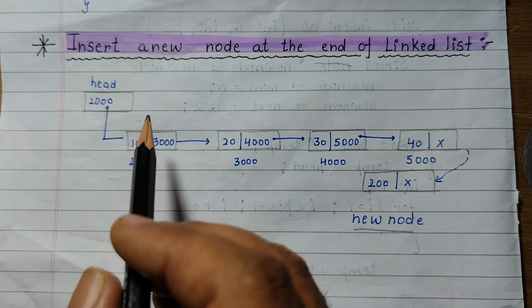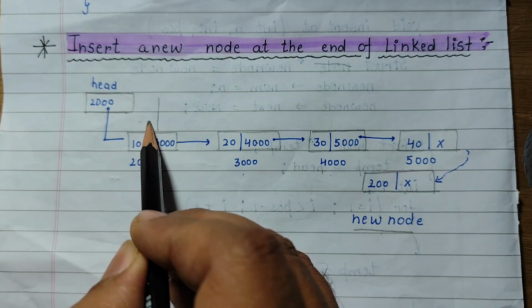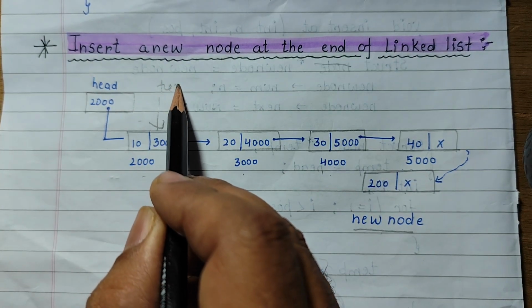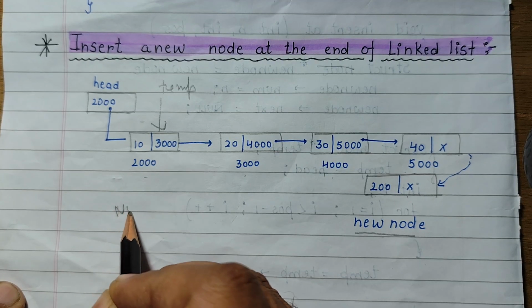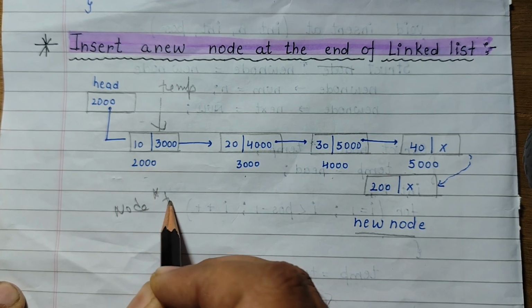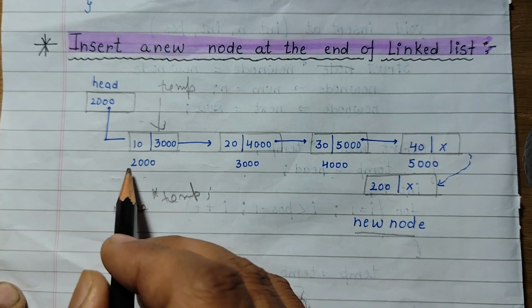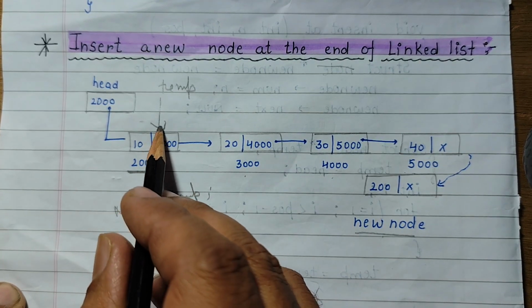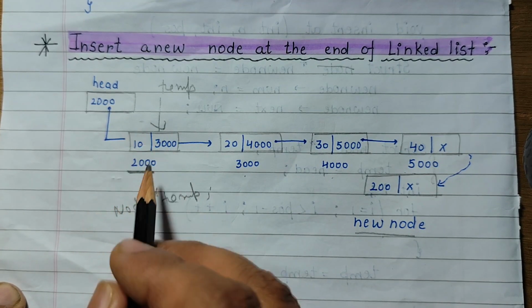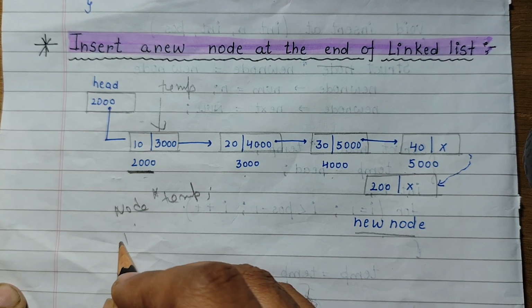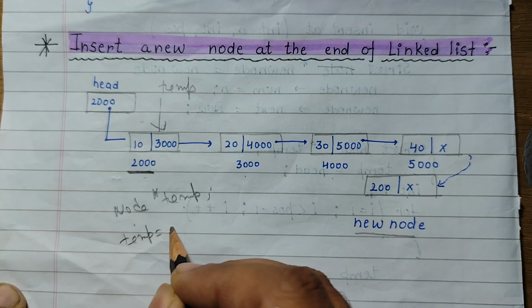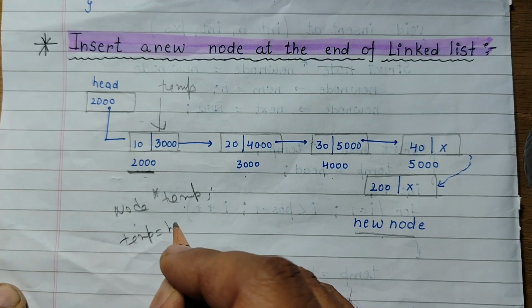Now what I do, I create a temp pointer, and that temp pointer is of node type because this temp pointer points to a node. First I assign the value of head to this temp pointer.